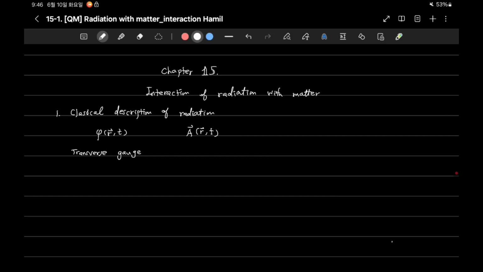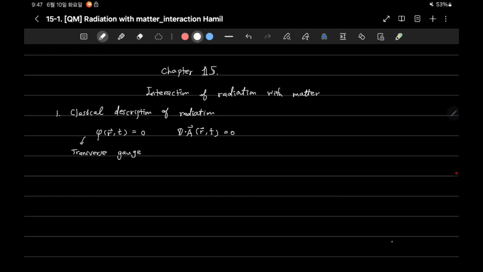In this case, the scalar potential can be set to zero, because the potential can be defined arbitrarily. Let's say the scalar potential is a kind of static field, so let's set it to zero. But here, the magnetic vector potential is such that curl A equals the magnetic field, so let's define that divergence A equals zero. That is the transverse gauge we call.